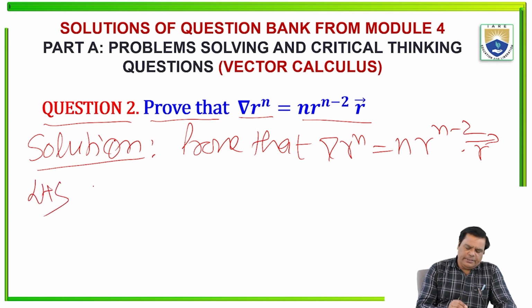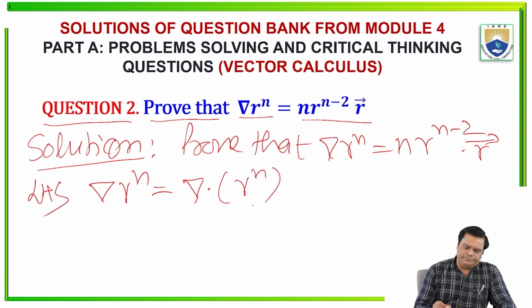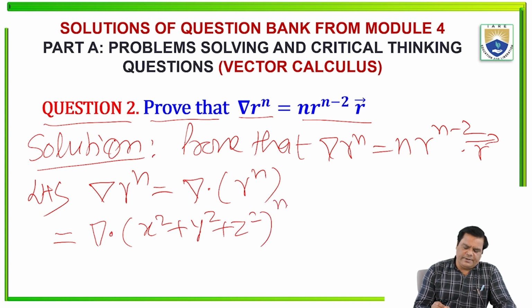LHS: del r to the power n. This equals del dot r to the power n. So here r to the power n is (x square plus y square plus z square) whole to the power n by 2.